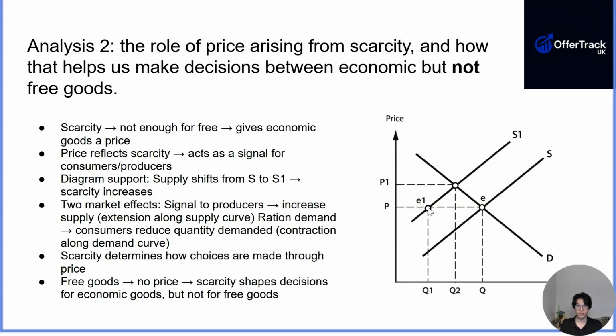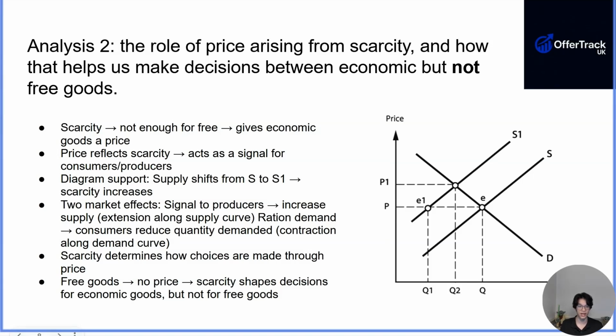And you can see that's because the quantity that firms are willing to supply is at E1, whilst the quantity that is demanded is at E. This excess demand creates upwards pressure on prices from P to P1, which in turn signals to profit maximizing producers to increase supply, which is shown in the extension along the supply curve from E1 to P1 Q2.